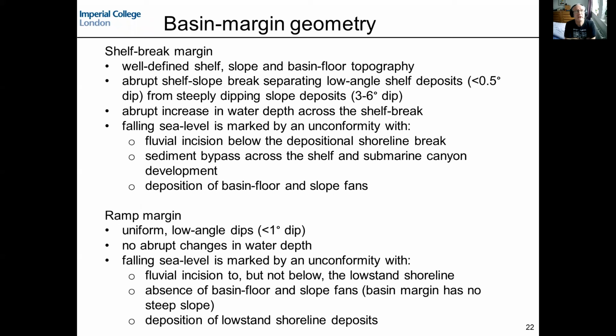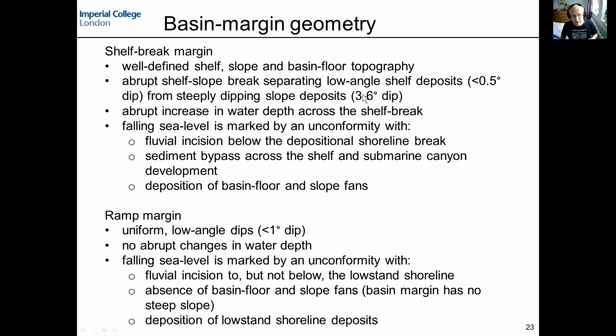Okay, so before I show you those models, I'm going to show you two sets of models, one at the top and one at the bottom of the screen. The one at the top is for a shelf break margin, approximating a passive continental margin with a shelf, a slope, and a deep basin floor. So clear breaks in angle between those different segments of the basin margin shape.